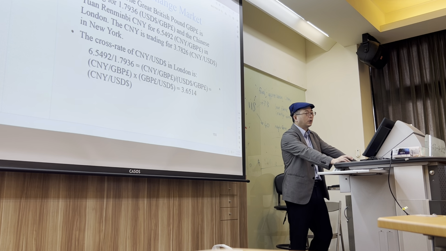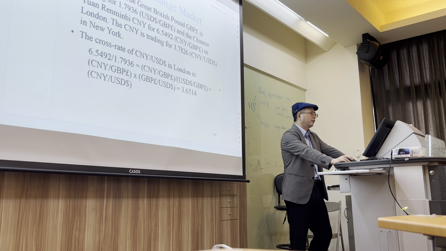Then the third condition is that the China yuan is trading at 3.78 per USD in New York. These are the table rates, the observed rates. Then we want to calculate the implied rate, which is the cross rate, and compare whether the cross rate is different from the table rate.